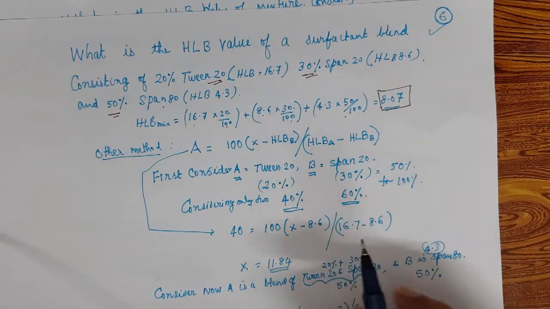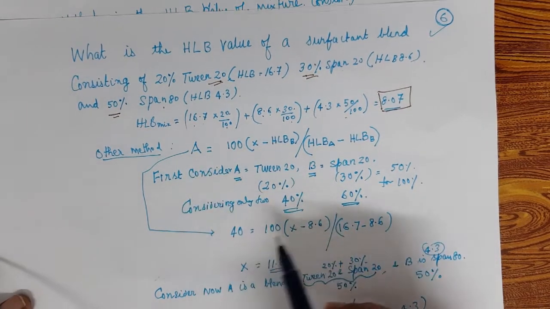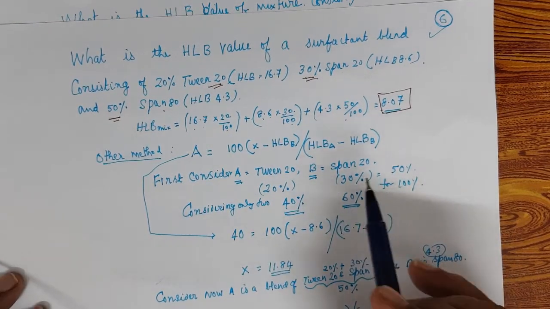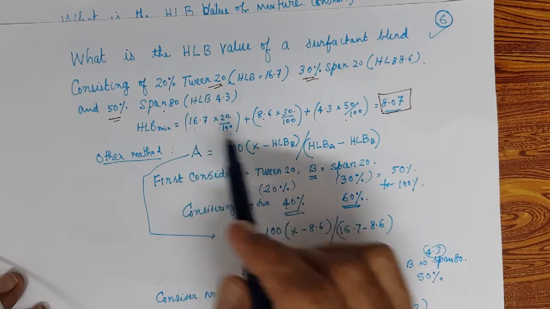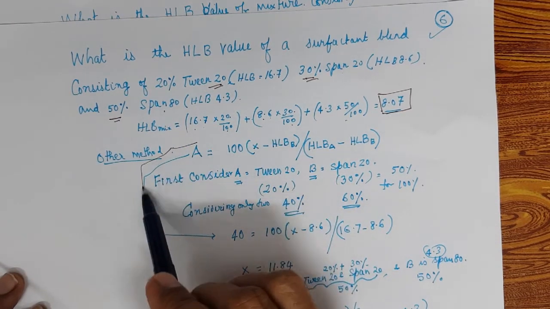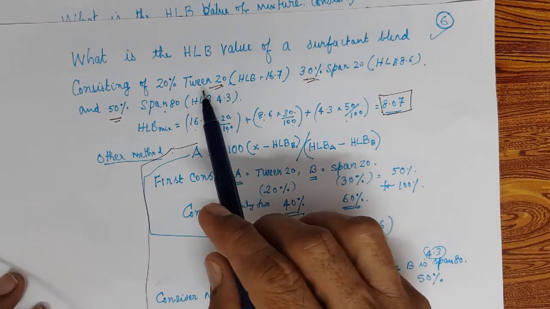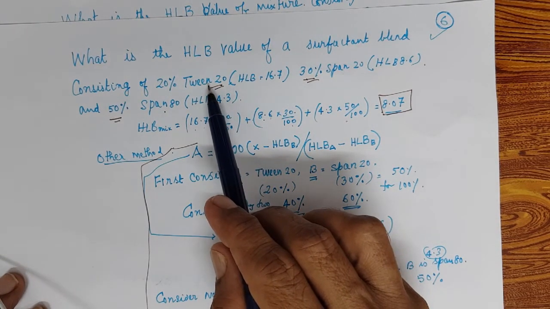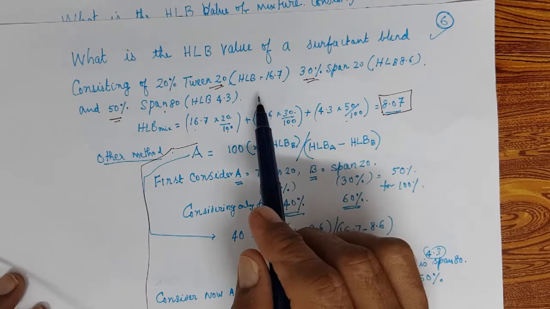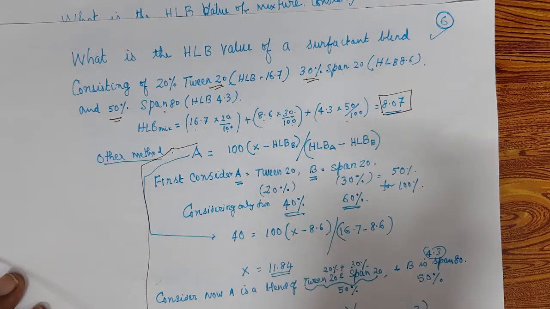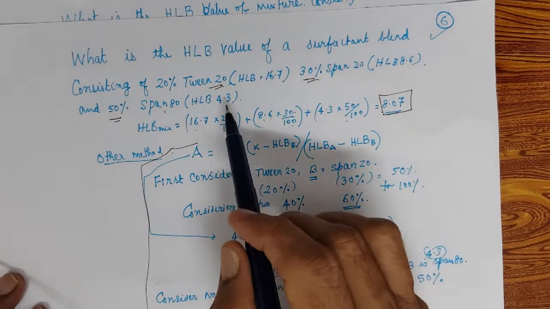We can use this equation also, and you can do that. First, for this calculation, consider only Tween 20 and Span 20, as 100% value.